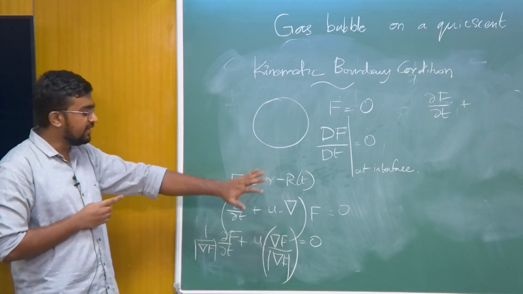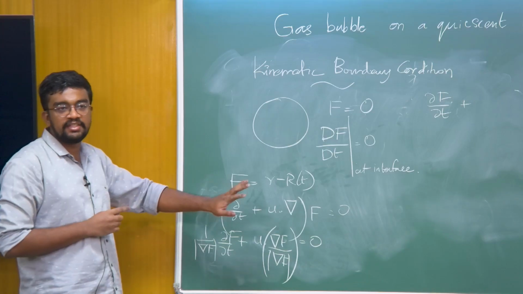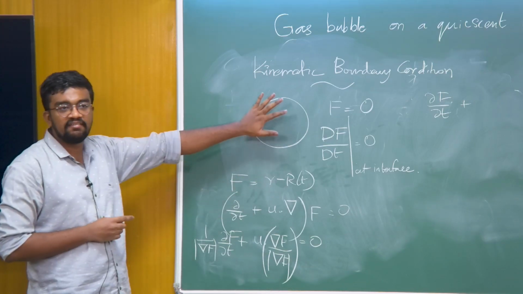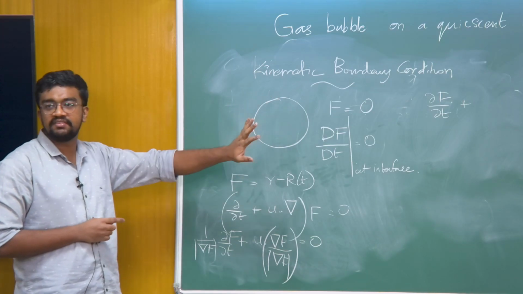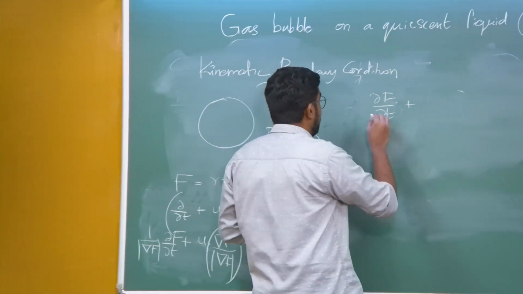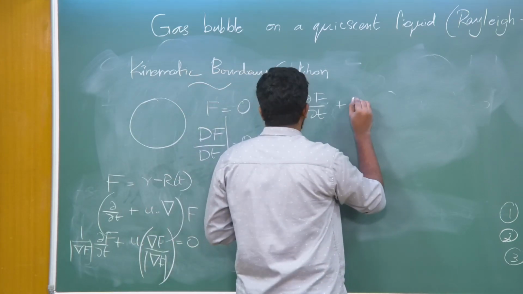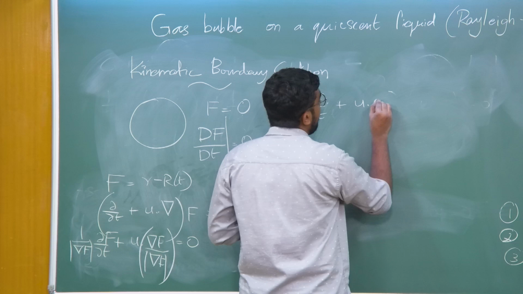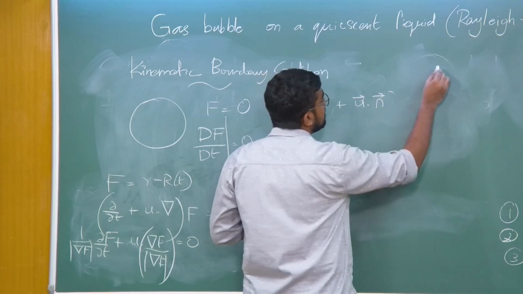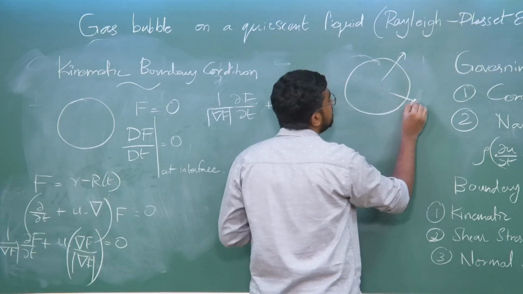So, grad F by mod grad F is the normal to the interface, where F is the equation of the interface. So, here we have 1 by mod grad F times dou F by dou t, plus u dot n, where n is the normal to the surface. If this is the bubble, this is the normal to the bubble outwards.